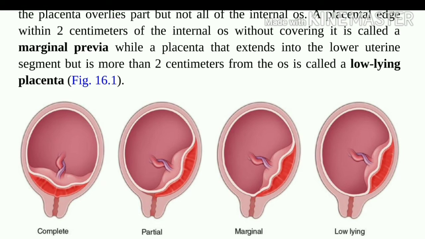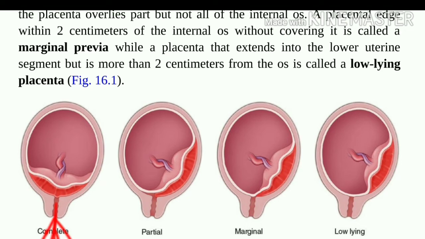So what are the complications which commonly occur? If the placenta is near the internal os and the fetus is lying vertically or in vertex position, then with the passage of time the fetus starts to grow. Once the fetus grows, the cephalic part of the fetus presses on the placenta. Once pressure is exerted on the placenta, there may be a rupture of the arteries, so there may be bleeding from the placenta.